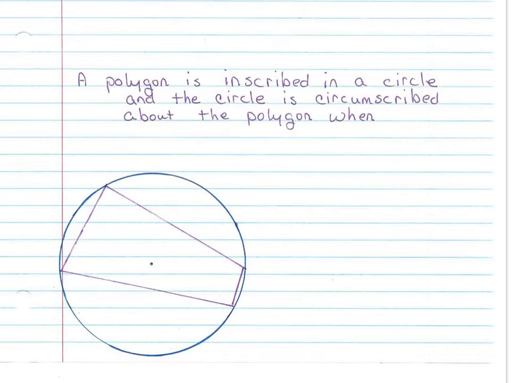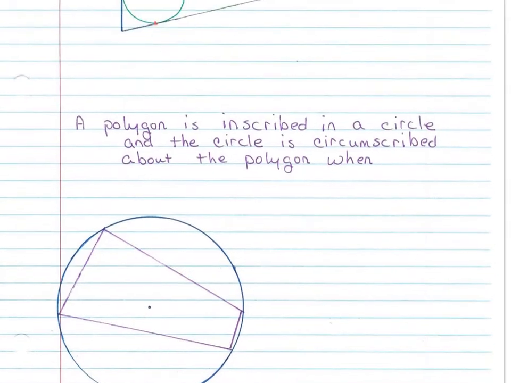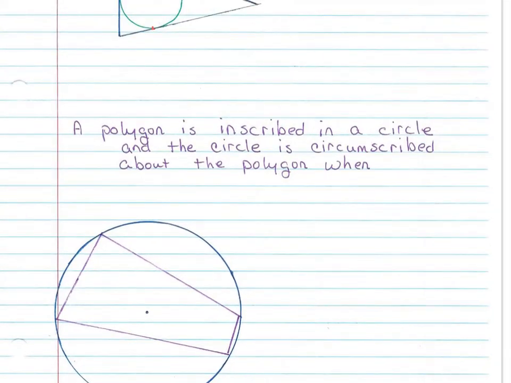The polygon's inside the circle, so it's inscribed in the circle, and the circle's circumscribed about the polygon, when each vertex of the polygon lies on the circle.